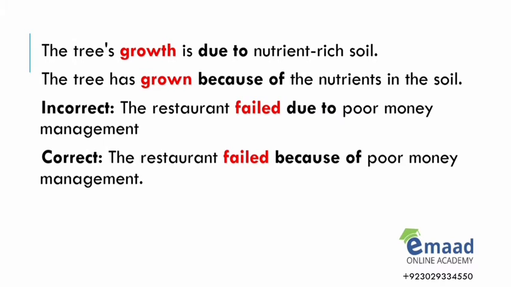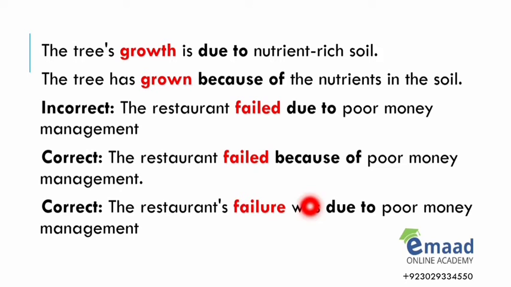So here is the first correction. The restaurant failed because of, we have now used because of with the verb failed. So the restaurant failed because of the poor money management.